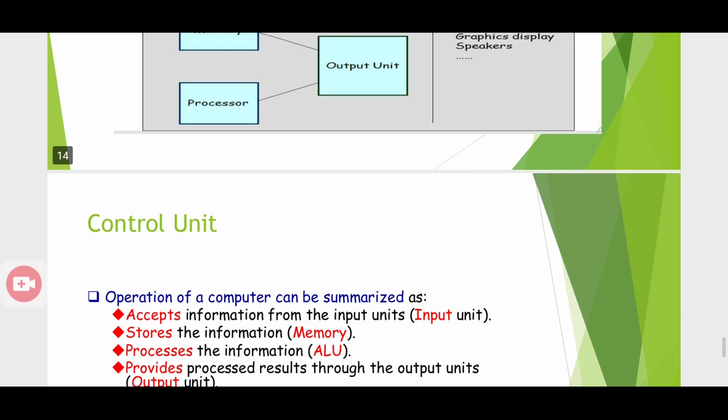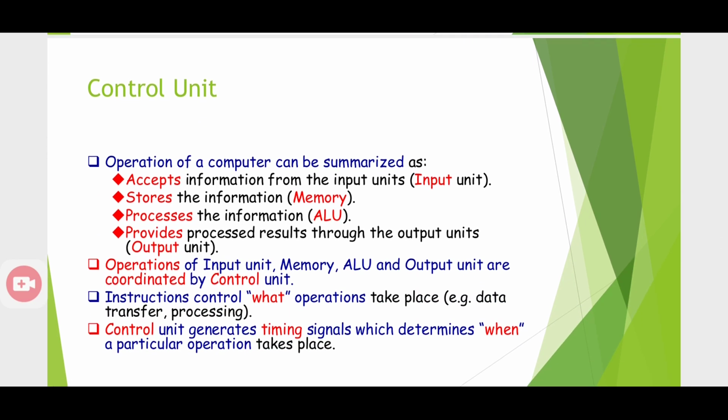Next we have the control unit. In the processor we have the arithmetic logic unit, cache memory, and some registers. Along with these, we have the control unit. It controls all the operations of the arithmetic and logic unit, and all the operations performed in a processor.